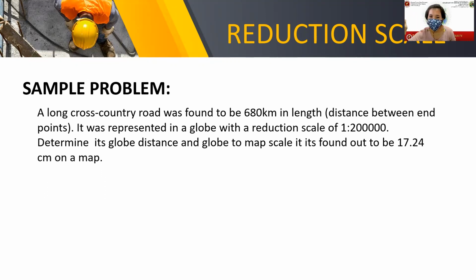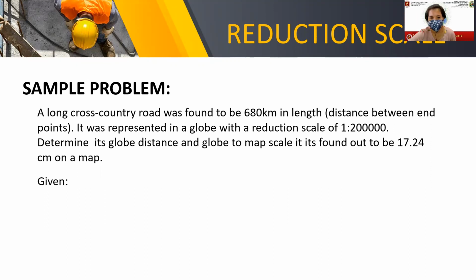And the globe to map scale, it is found out to be 17.24 centimeters on a map. So we are going to determine the globe distance and the map distance. By the formula, we have the reduction scale.